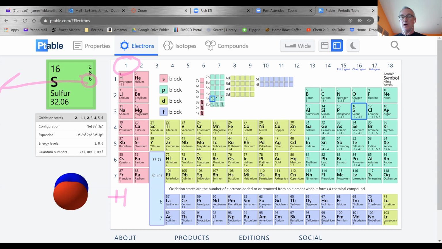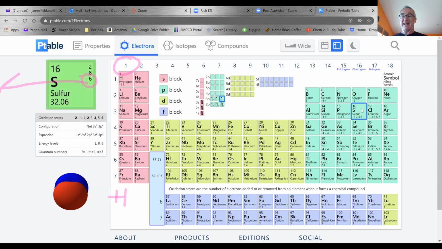If I click on argon, argon has 8 electrons in its outermost shell, and it's mellow as hell. It's totally chill. It's because it has achieved the chemical nirvana of having all of its electrons filled. All of its electron shells are filled. And every atom wants to get there to achieve stability.